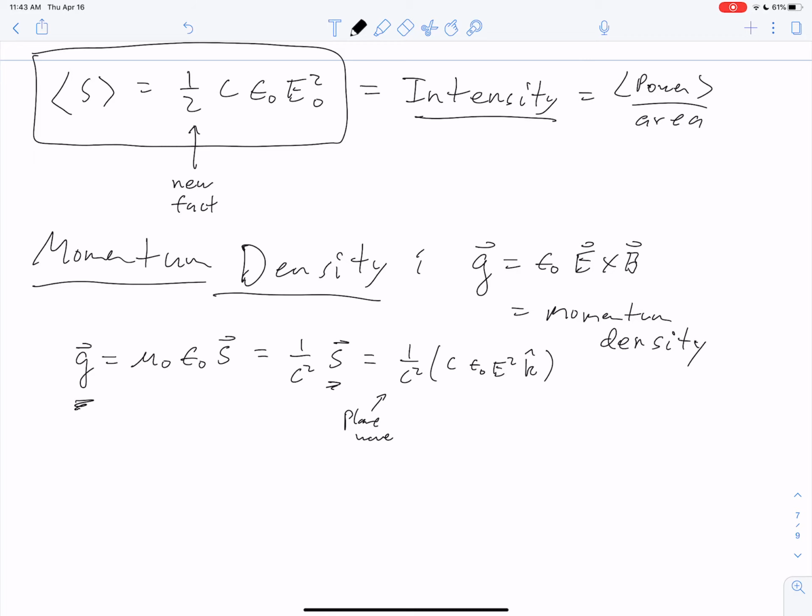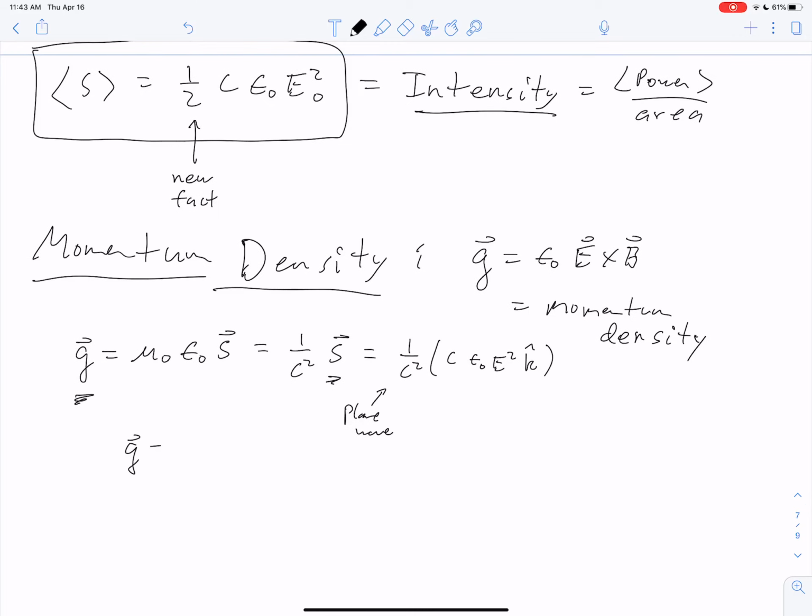And so we then see that G, the momentum density, is equal to 1 over c epsilon naught E squared k. But this k is the unit vector, just the direction. So that's our momentum density.